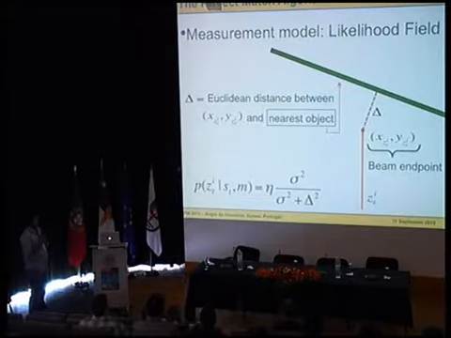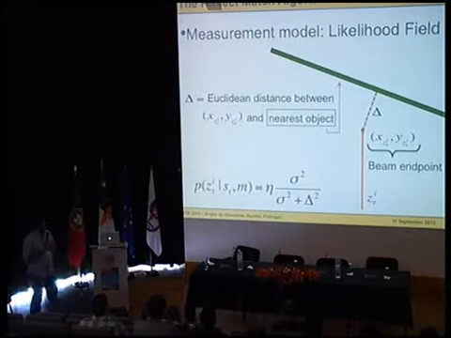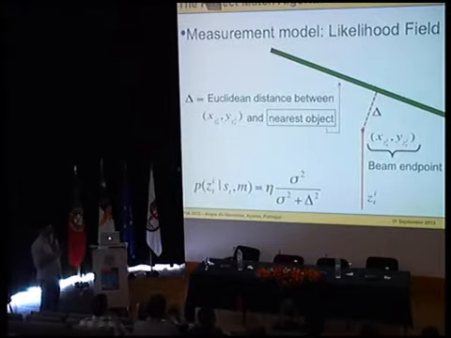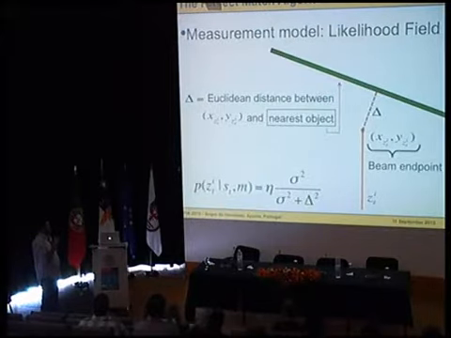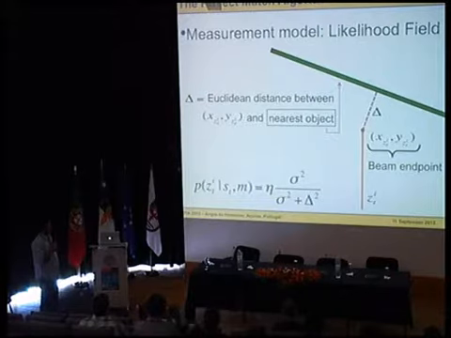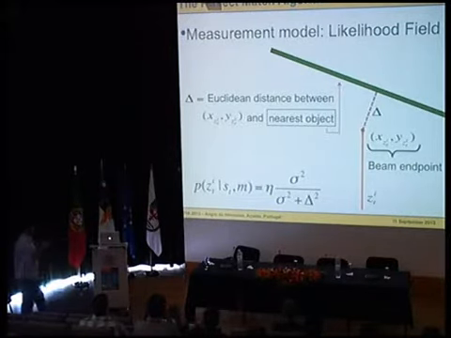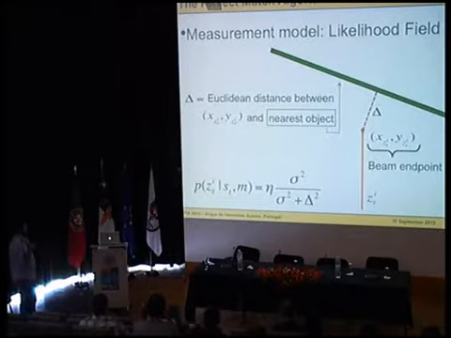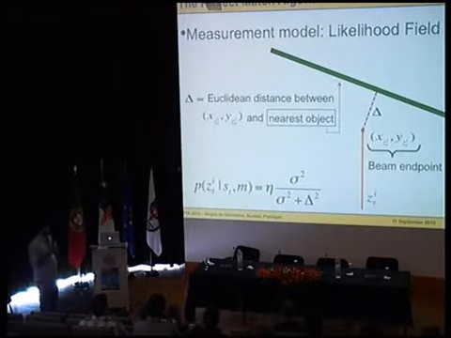The measurement model used here is the likelihood field. What is the likelihood field? We start by calculating the global position of the beam endpoint. Then we search for the distance to the closest object in the map. To calculate the probability, you use this function, which is a function of the original perfect match.